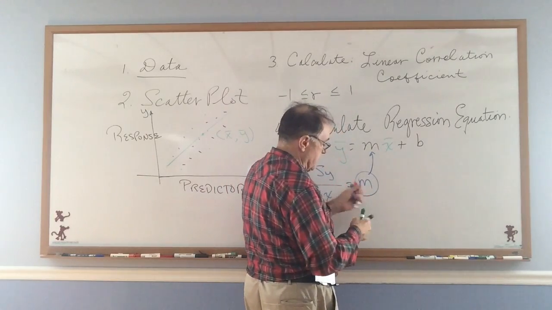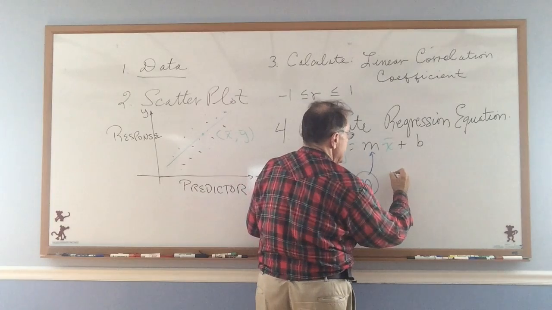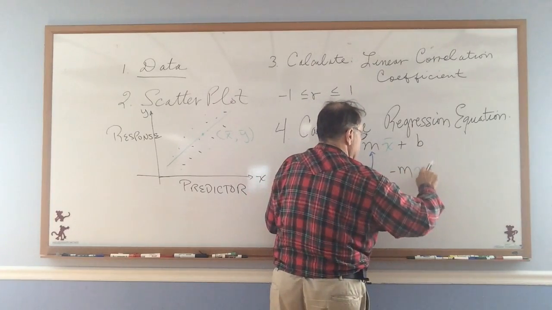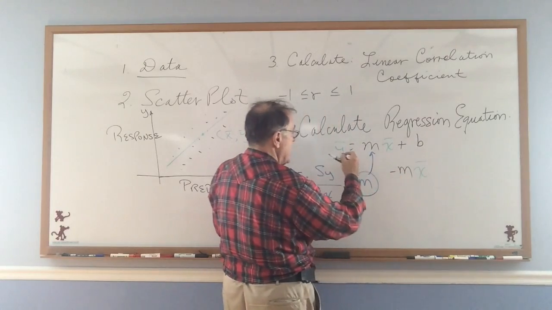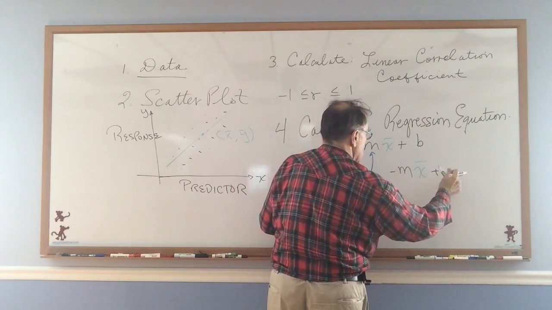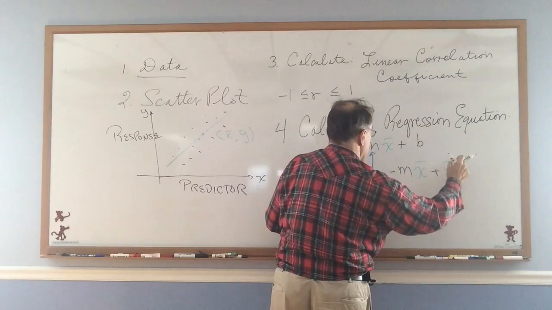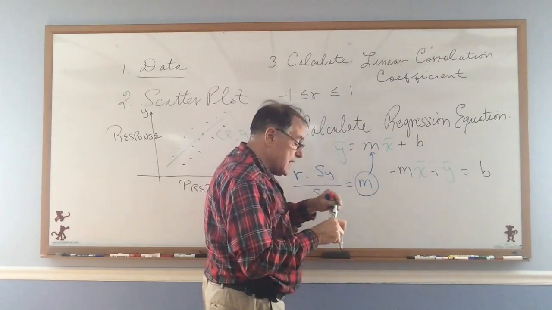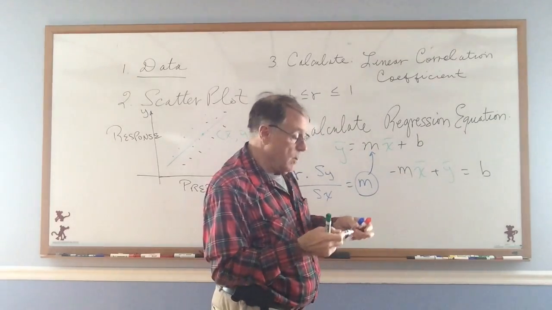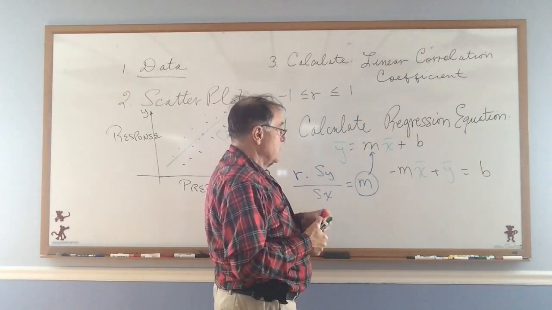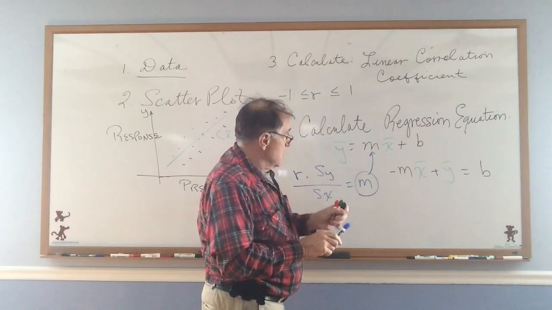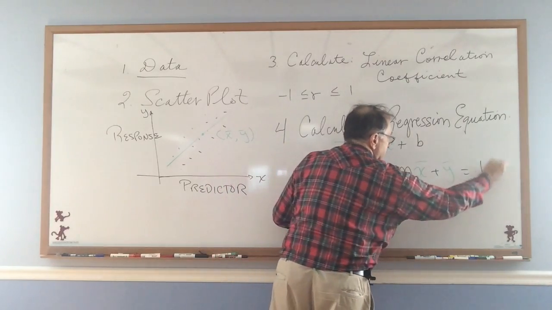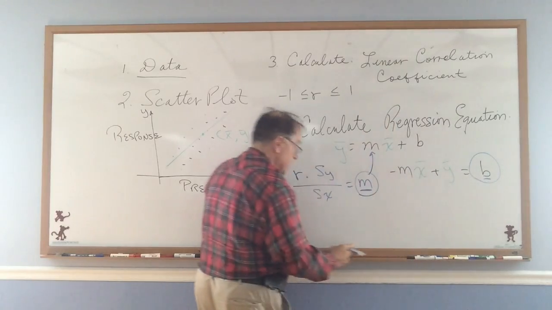So negative m times x bar plus y bar equals b. And this gives me the value for b, which is great. So I have my value for m, and I have my value for b.